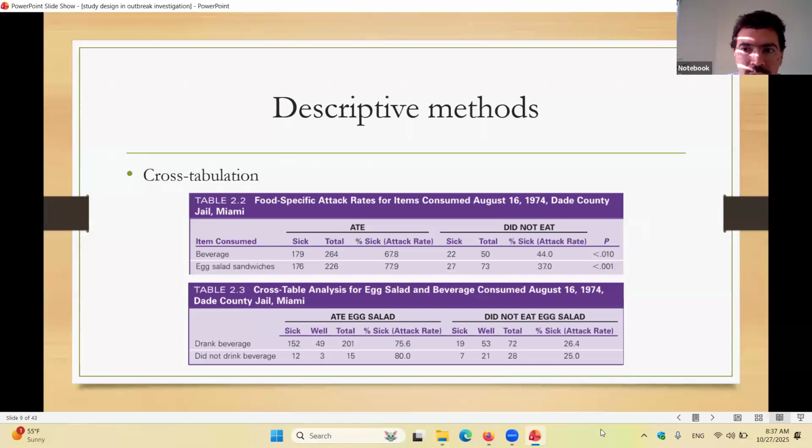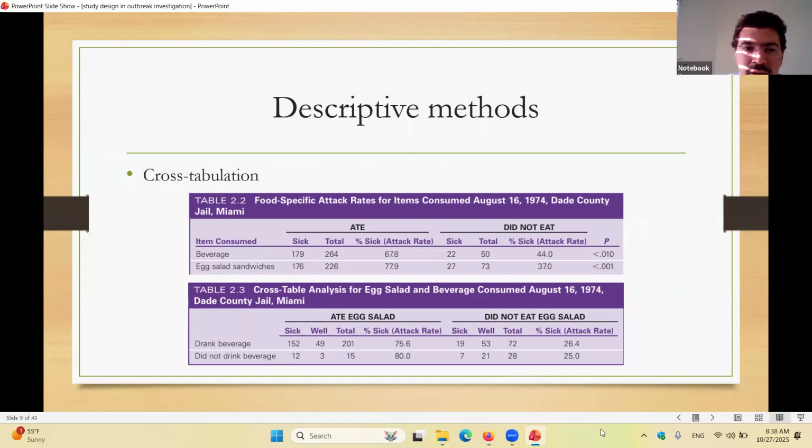I gave you this example to show the importance of using descriptive methods in outbreak investigation. It can generate hypotheses for further investigations and conducting analytical research.